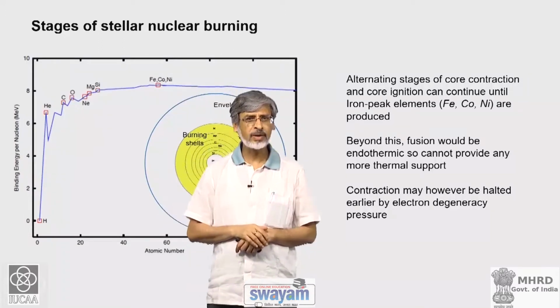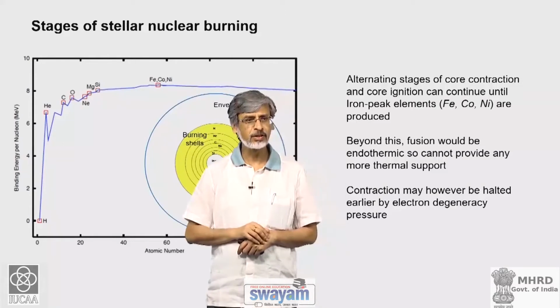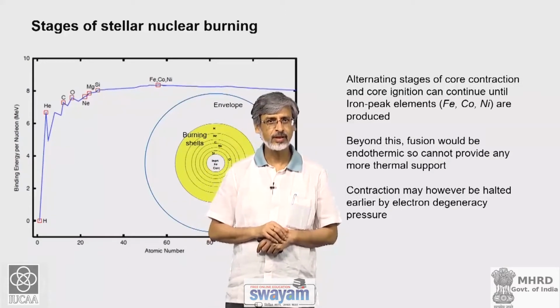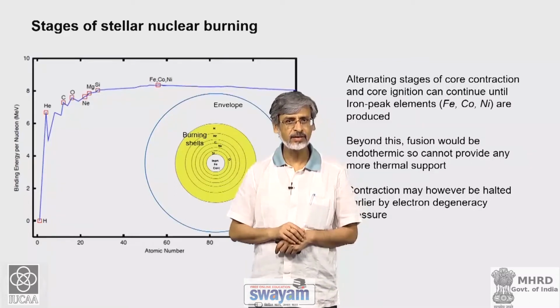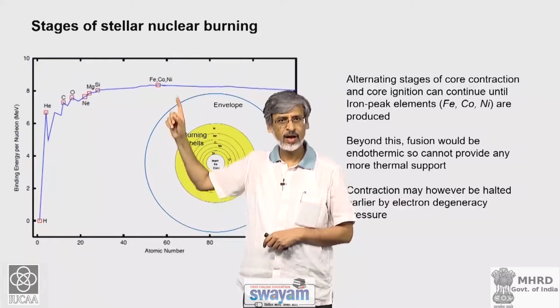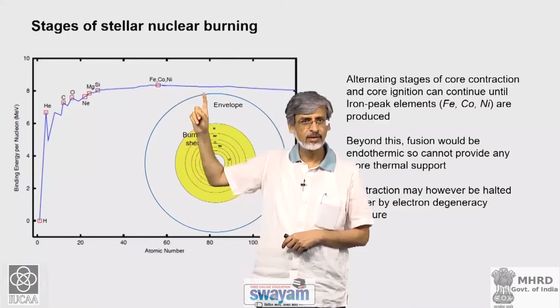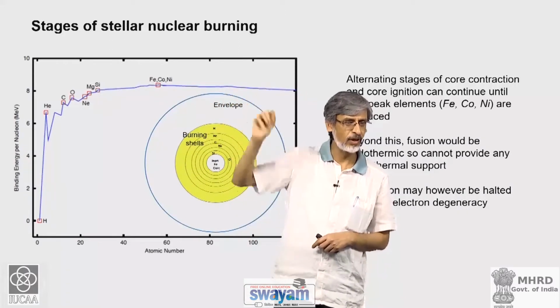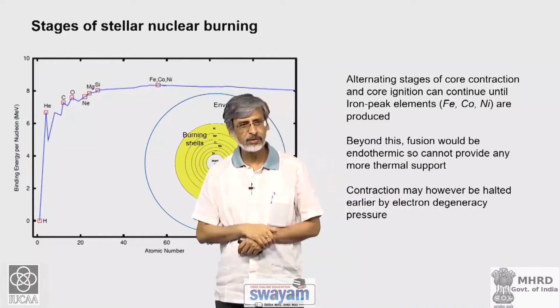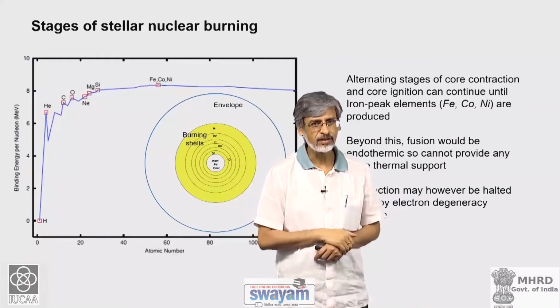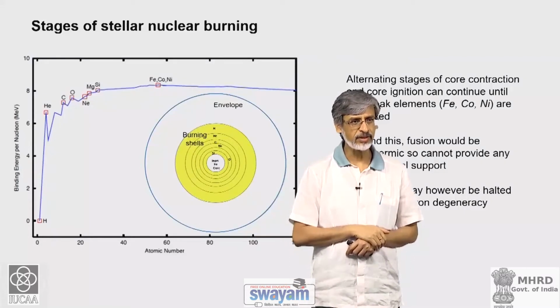So, up to that point, the nuclear fusion continues to be exothermic, but if you look at the binding energy curve carefully, you would see that after iron, the curve is sloping down over here, which means beyond iron, if you try to fuse nuclei, then that would become an endothermic reaction.